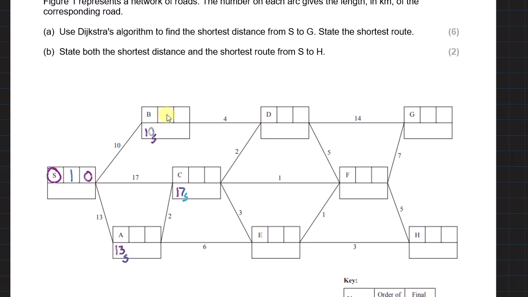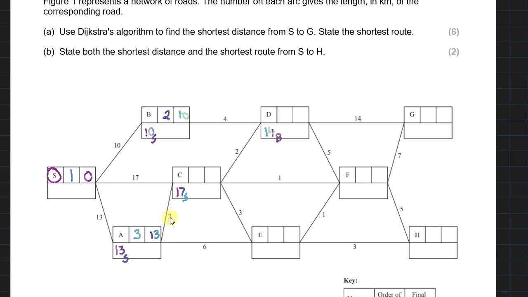Well, that's B, so this is item number 2. It costs 10, and I update anything from there. So 10 plus 4 is 14, and that came from B. What's my next cheapest node? Next cheapest node is A, so I go back to A. Number 3, currently costing 13, and we connect to anything else that we can update.